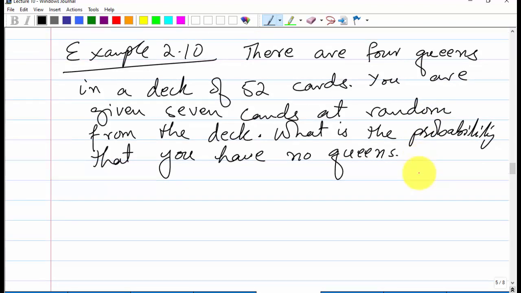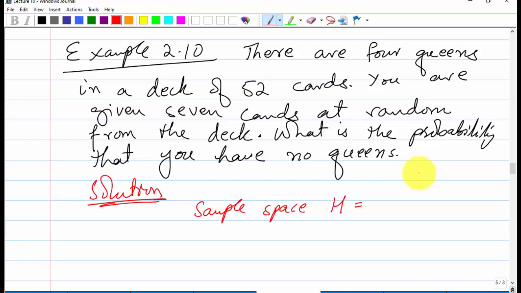So this is a very interesting example. First of all, again we need to find the sample space. We have to choose 7 cards, so the sample space, say we call it H, would be 52 choose 7 cards.